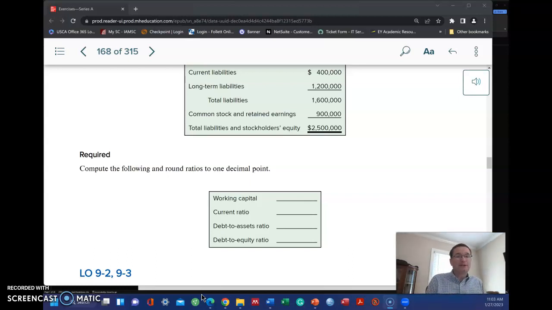So a higher ratio for debt to assets, let's go back to debt to assets, a higher ratio could be a sign of financial risk. I've seen successful companies that are not equal, but if we have a lot more debt compared to our assets, it could indicate that they could end up in trouble financially.